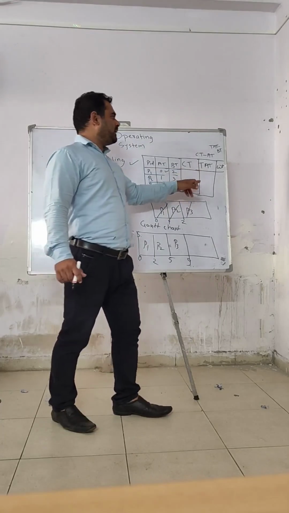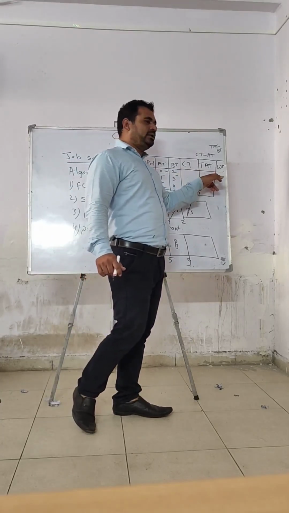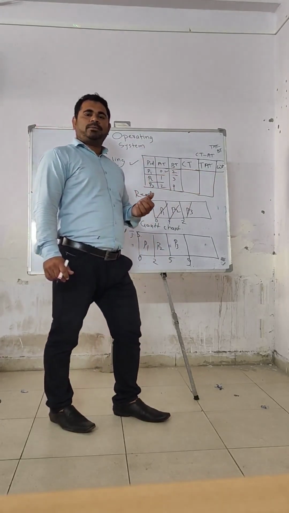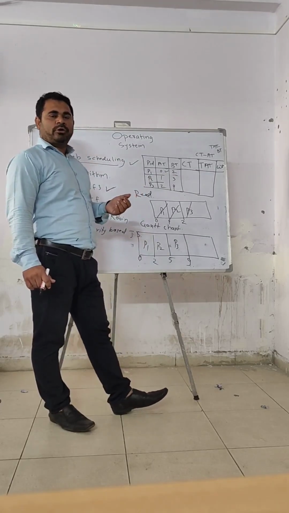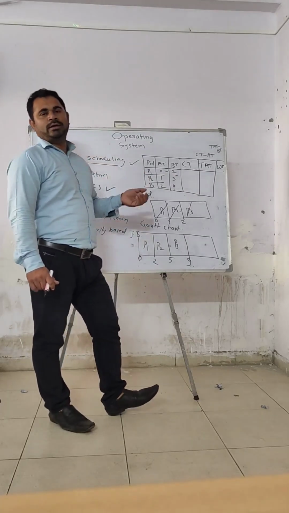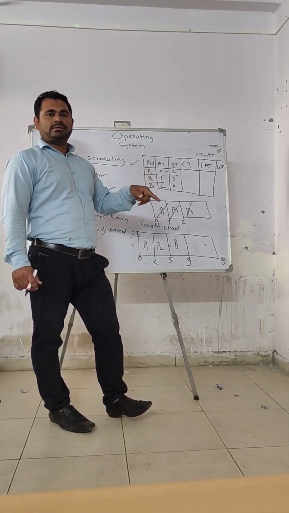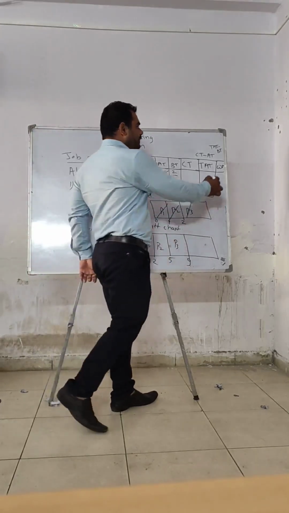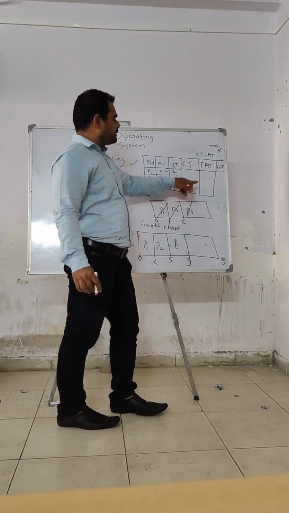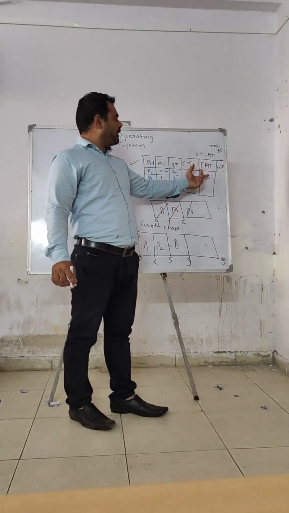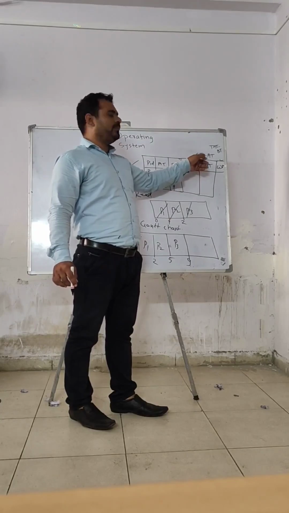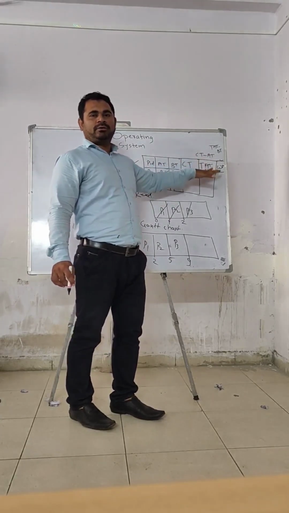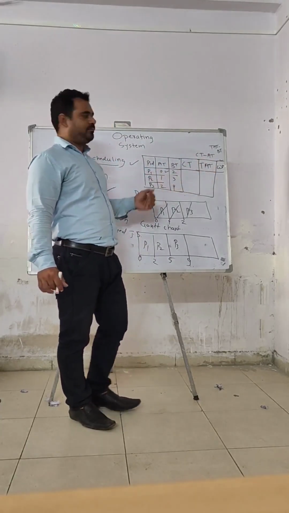After that, we will calculate the waiting time. Waiting time is the time spent by a process in the ready queue from its arrival to the first time getting the CPU. To calculate the turnaround time, we have the formula: completion time minus arrival time.